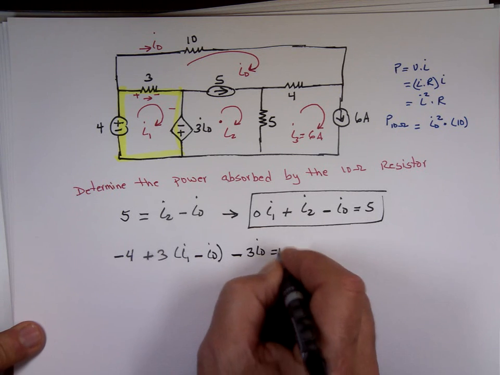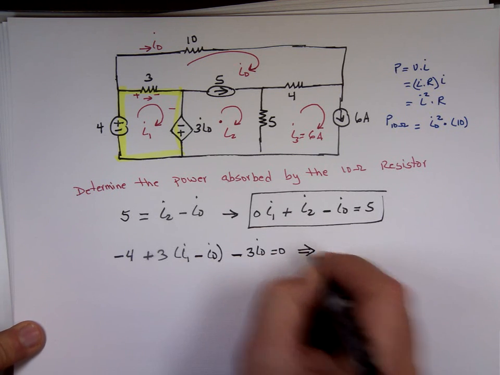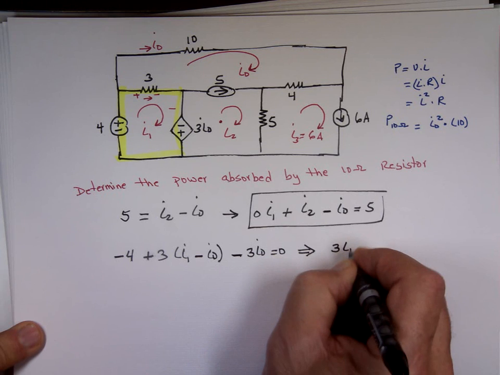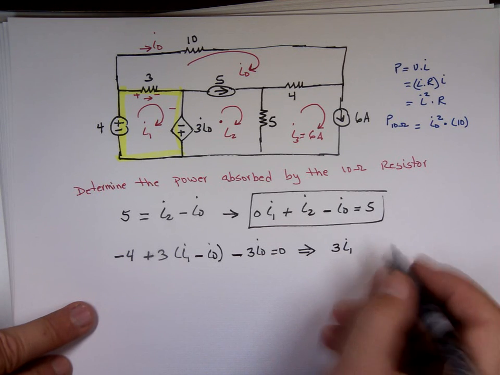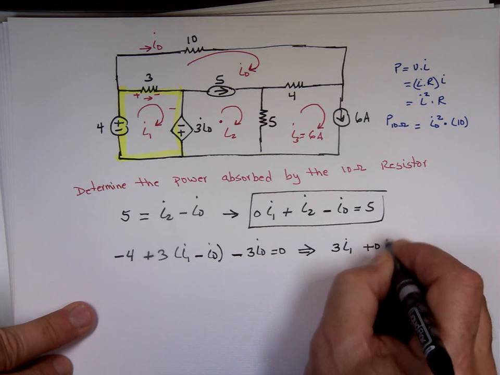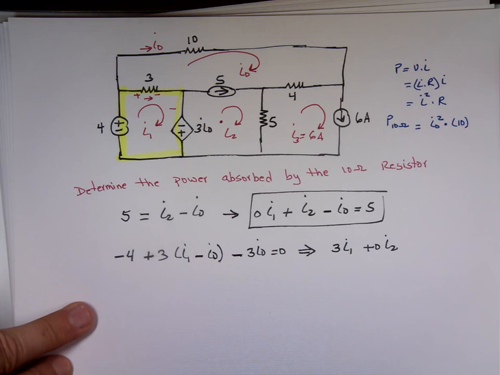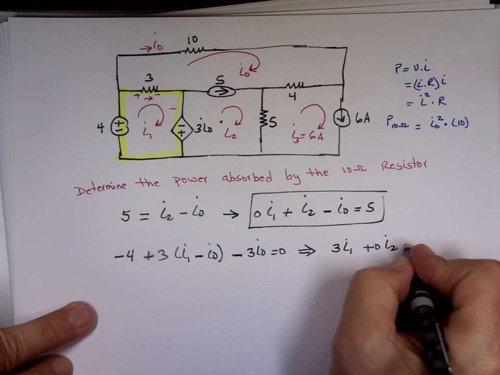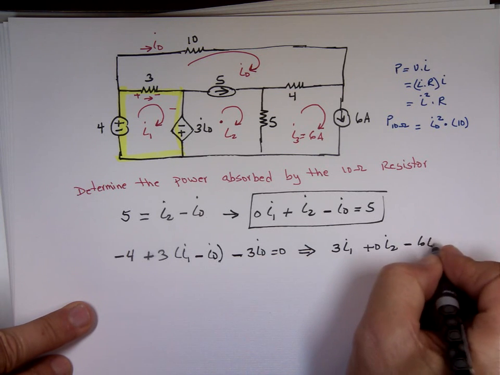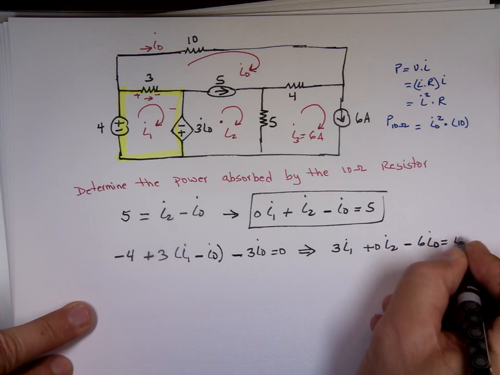Clean that. We have 3 I sub 1. There is no I sub 2, right? 0 I sub 2. And what about I sub O? Is that negative 6 of them? Negative 3, negative 3, equals 4. That's my second equation.